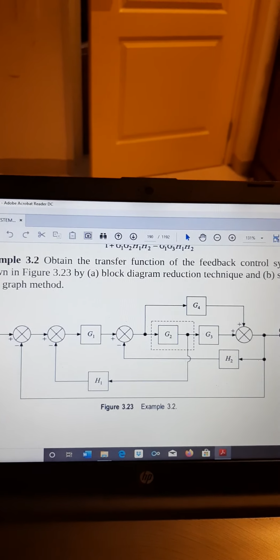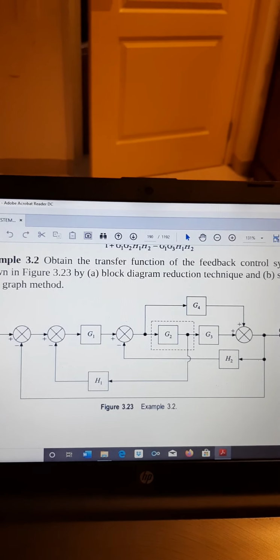When you are doing the reductions, if you are moving this branching from here to here, it is easier to do the reduction. So first, we have to move this branching before G2. Now when you do that, what is the problem?